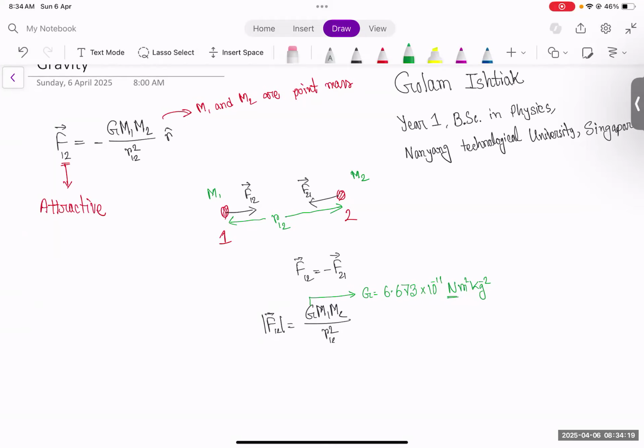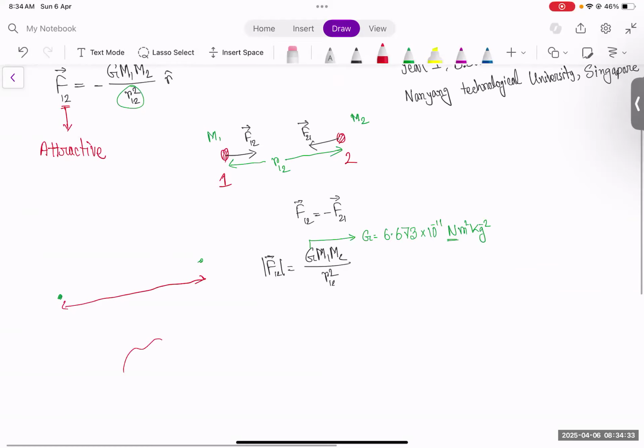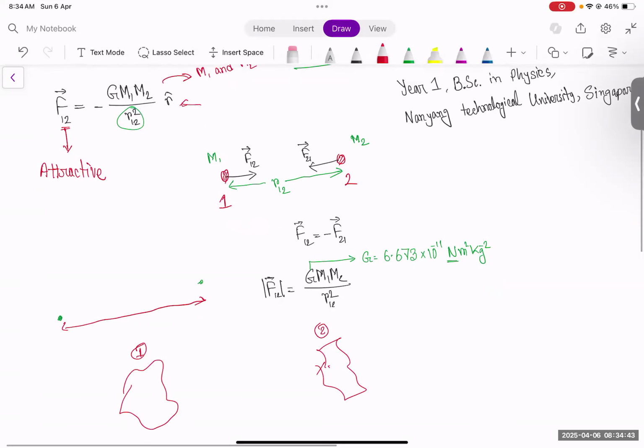But then if these were not point masses, the question arises: what is r12? If they are small points, there is no ambiguity in finding the distance between them. It's just the distance from one to the other. But if they are extended objects, say this is object 1 and this is object 2, then even if you consider that this equation is correct, which it is not by the way, the question arises: what do I take for r12?